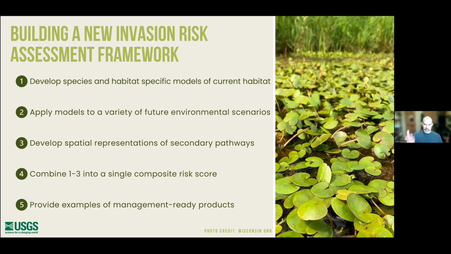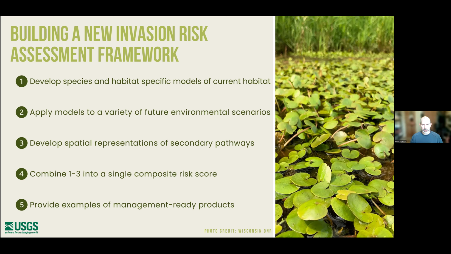And then, like I was talking about, we're developing these maps of secondary pathways, and we can combine all three of those things into a single composite risk score that's rolled up at the HUC 12 level in this case. I'll highlight that a couple times as I go on.